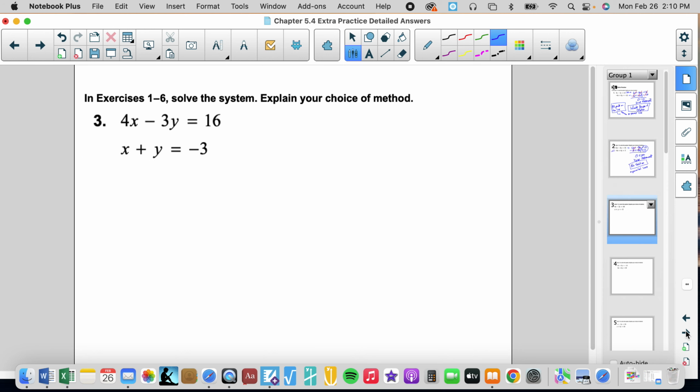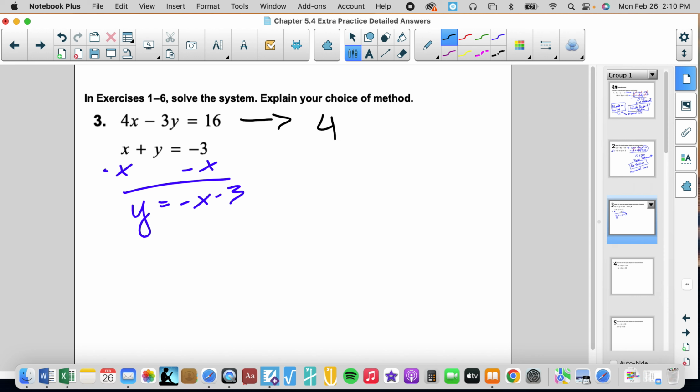Number 3, well, I guess I might do substitution. Let's minus x from both sides. We get y equals negative x minus 3. We'll substitute that into this equation.